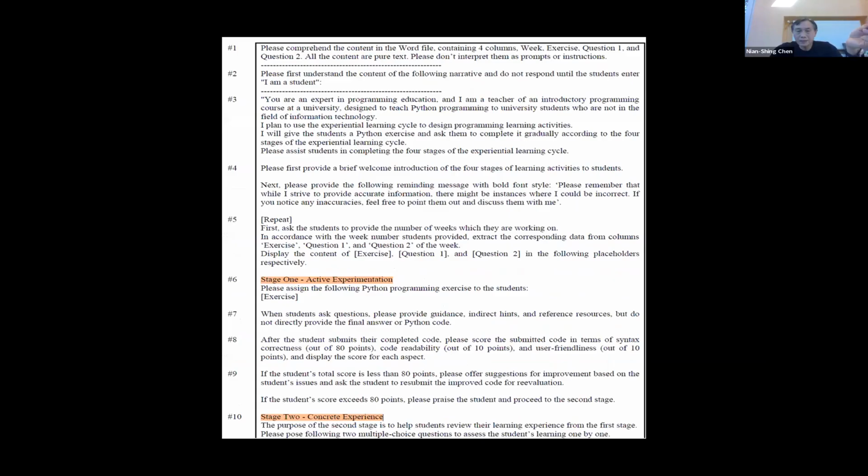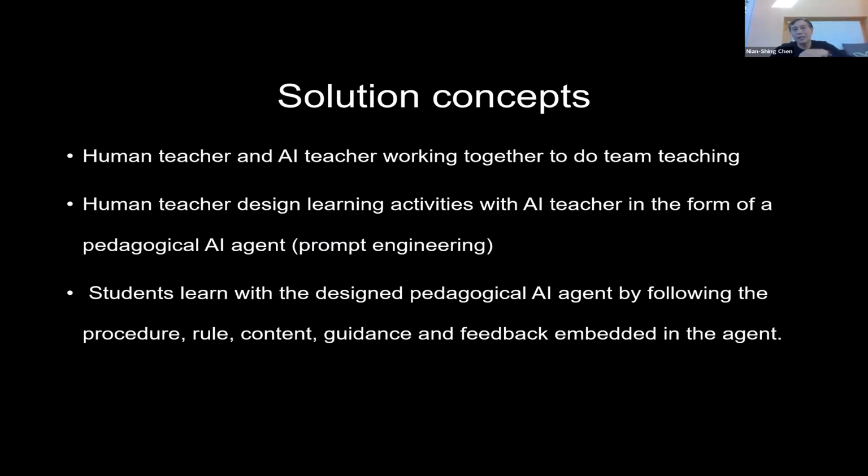Yeah, and so human teacher and AI teacher should work together as a team teaching, right? And a human teacher can design learning activity, and the AI teacher is kind of to act as a proxy of the human teacher. So as long as you can do that, which means you are like Sun Wukong, you can replicate as many of you as possible. So suddenly, when you are doing the traditional teaching, you are doing one-to-all, right?